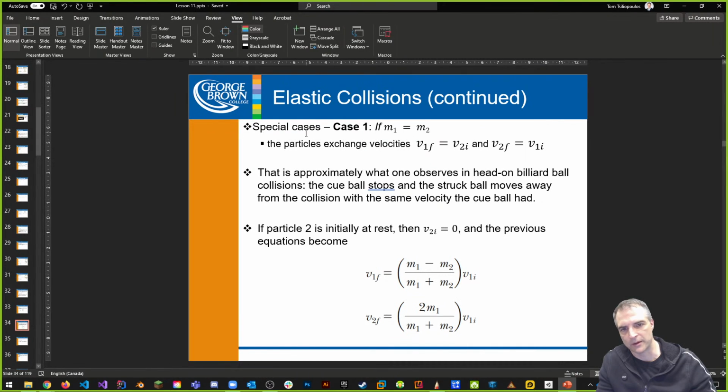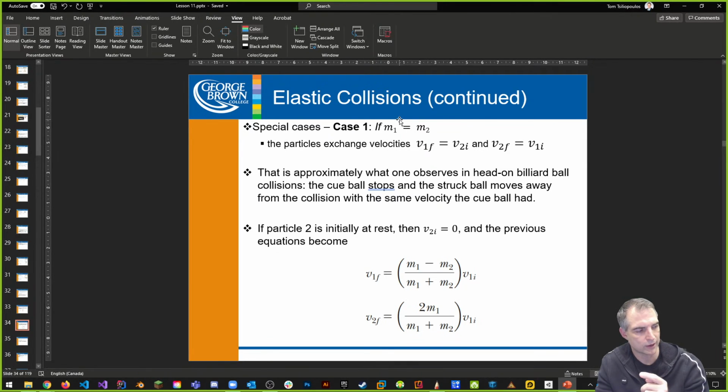Okay, special case 1. If M1 is equal to M2, this is special case 1. If both masses are the same, the particles exchange velocities. That's what happens. So again, if we had two cue balls, or two billiard balls, and two billiard balls hit, because they're approximately the same mass, then they exchange velocities.